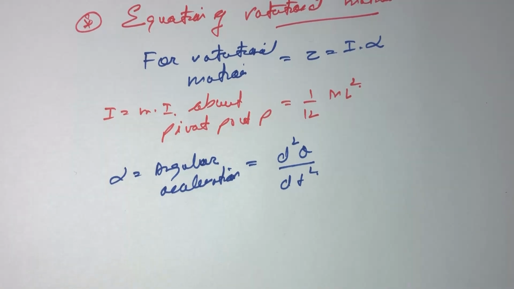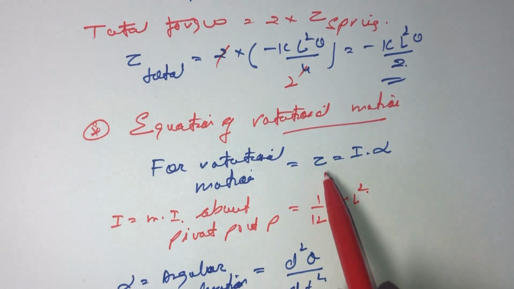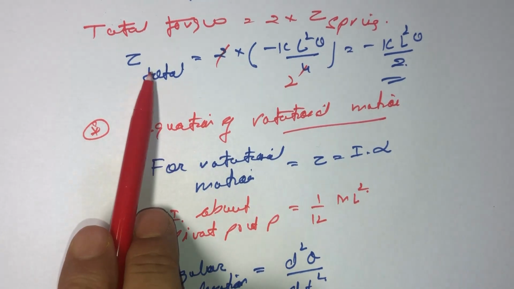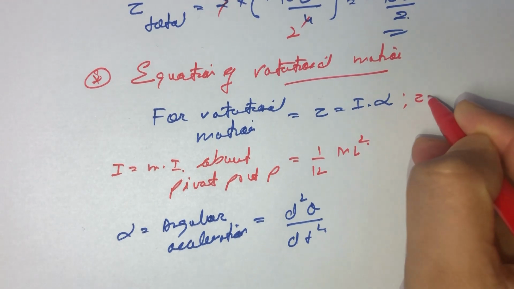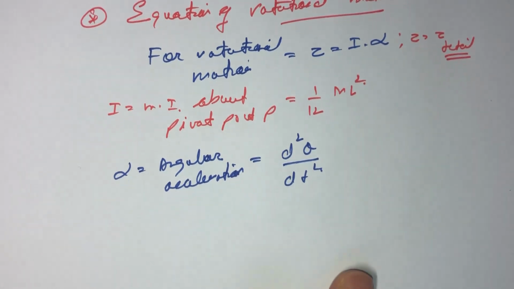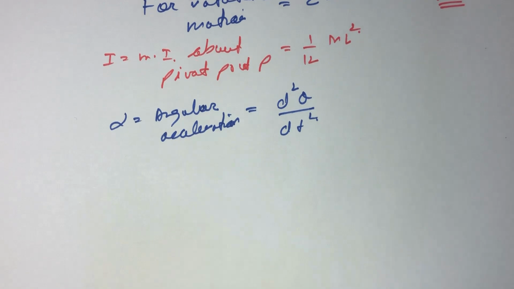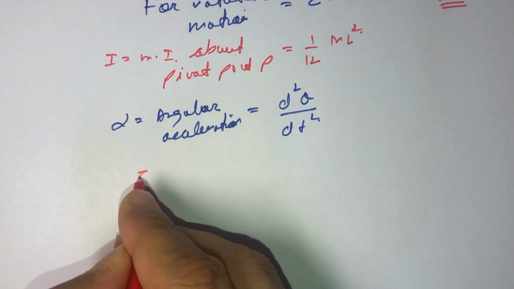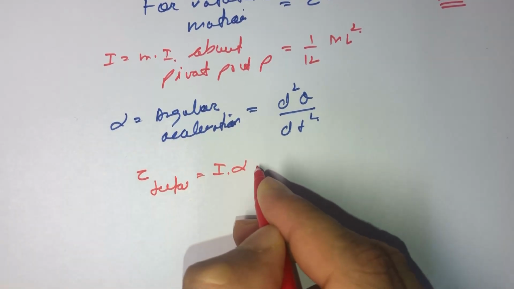So substituting all these, torque, moment of inertia, alpha, as well as tau total. So this tau will be our tau total. Let me write it once again here. Tau total will be equal to I multiplied by alpha.